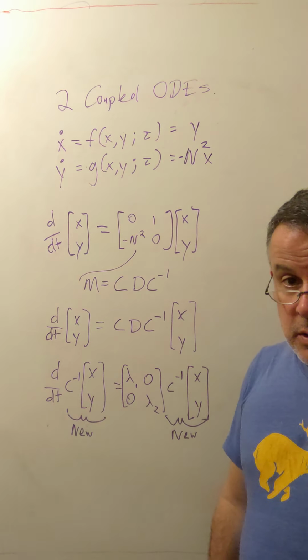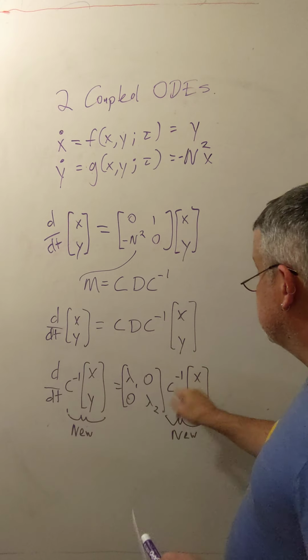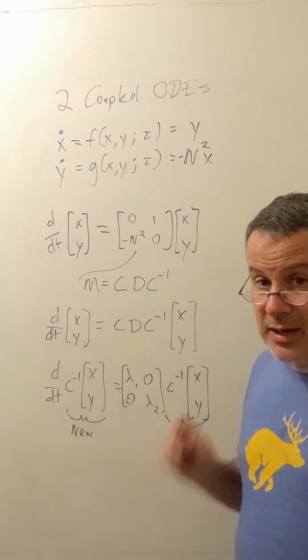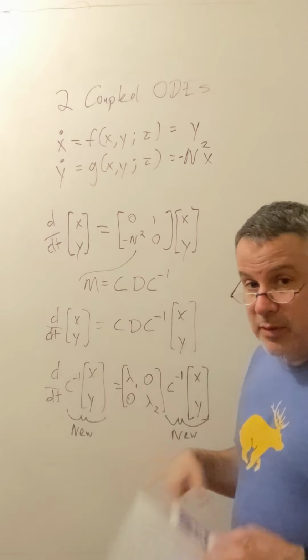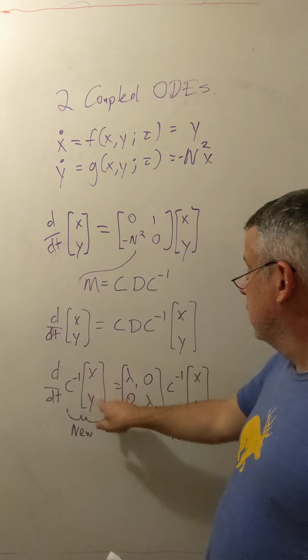So what that means is that we have a new solution, which is whatever the first column of C inverse acting on x and y is, a new variable, and it participates in an uncoupled equation from the second column, which is acting on the second eigenvalue. So the cool thing about it is, in general, we can decouple these systems just by using the eigenvectors and eigenvalues like this. Once we've decoupled them, we can go on and do our regular old, hey, look, this is homogeneous. We could do our regular old guess and check from there.